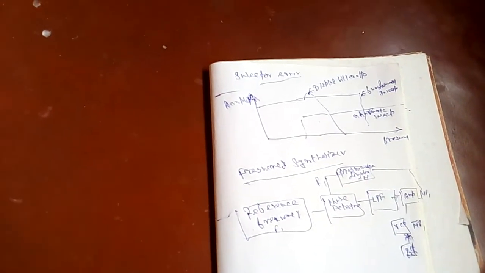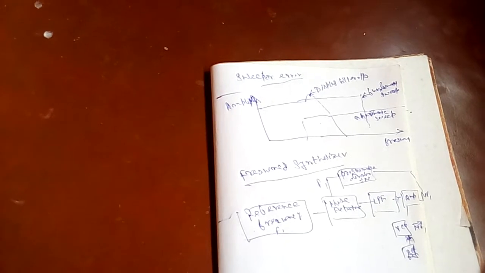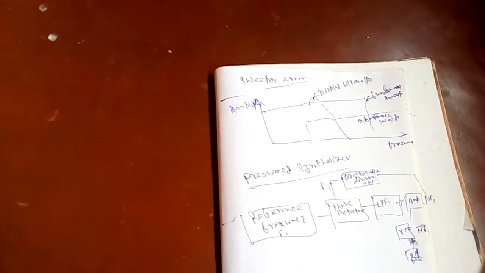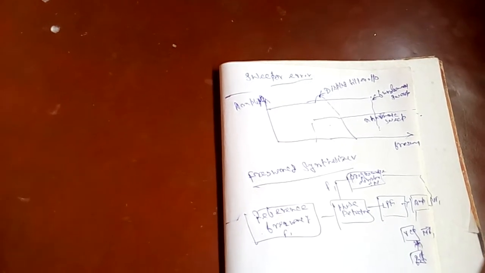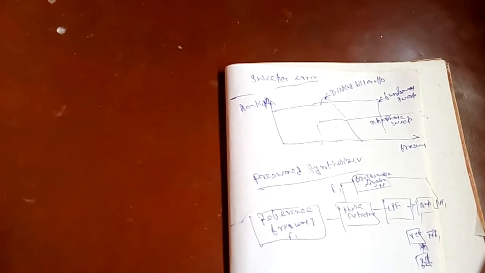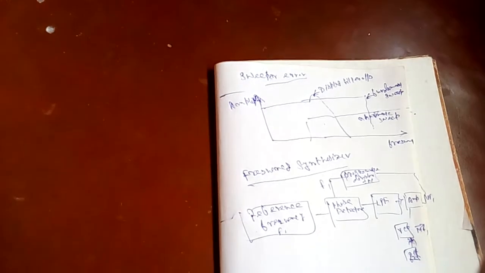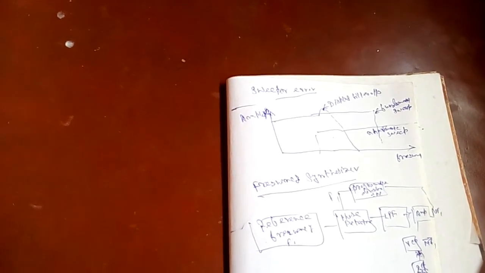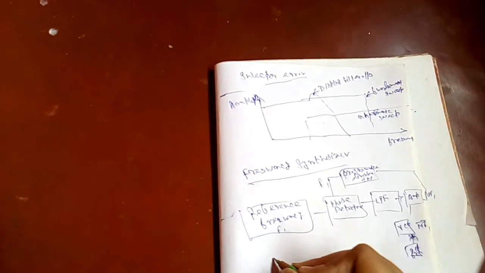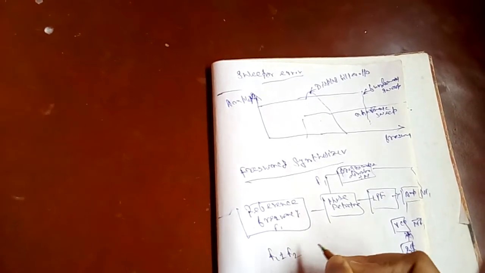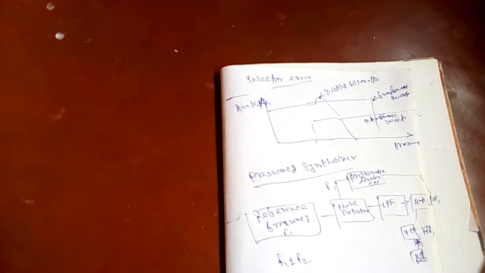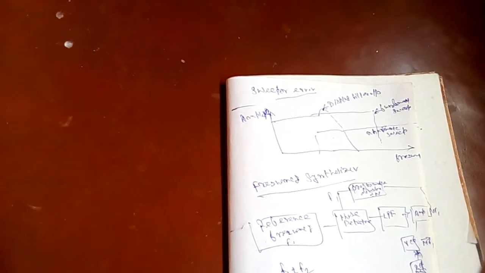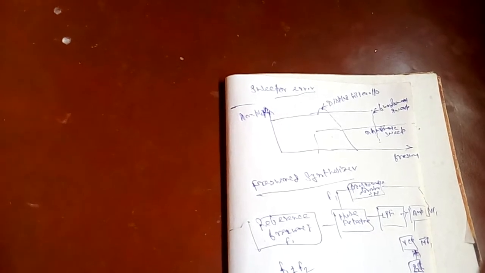So what happens here: in the basic diagram, the phase detector produces the signal F1 plus or minus F2, meaning F1 and F2 are mixed. If it is plus it increases, if minus it decreases: F1 plus or minus F2. The low pass filter selects the signal, which is then amplified and fed back to the voltage controlled oscillator VCO.